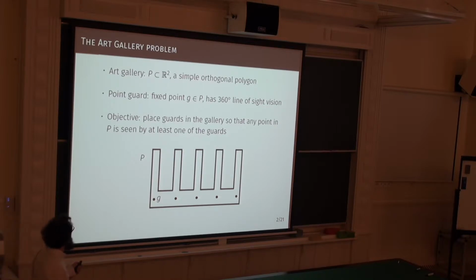So, the gallery is a simple orthogonal polygon, that is a closed polygon with no self-intersection and whose edges are axis parallel. We want to cover the inside of it using point guards, which have 360 vision. And the objective is to use as few of them as possible. And this is a covering problem by nature.